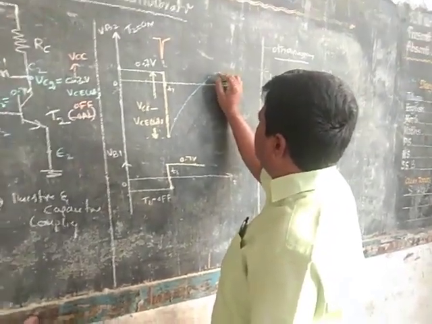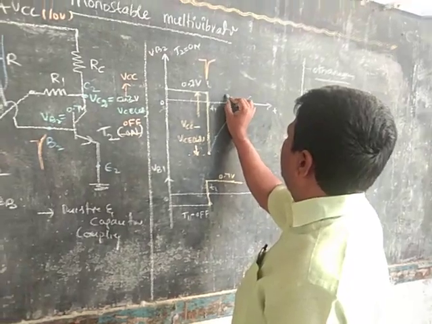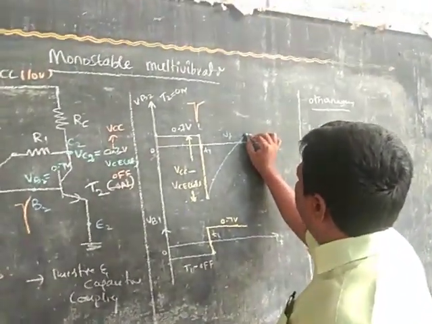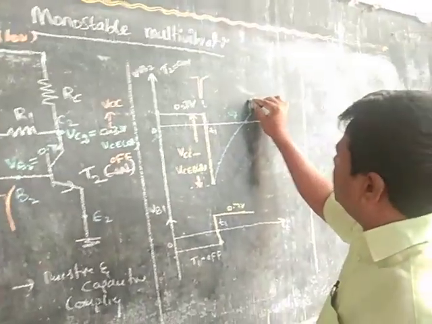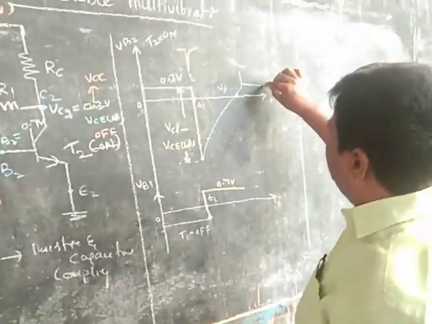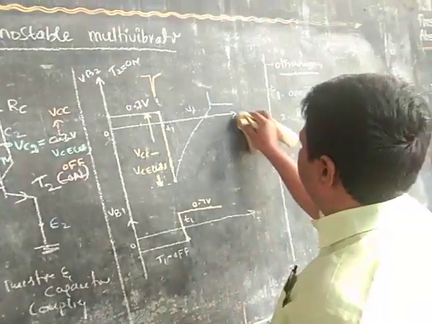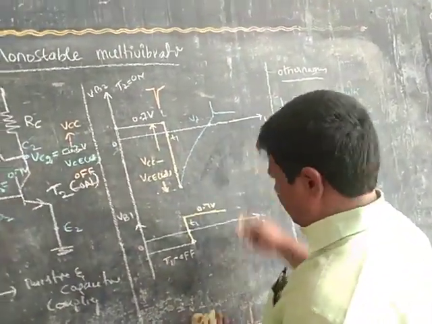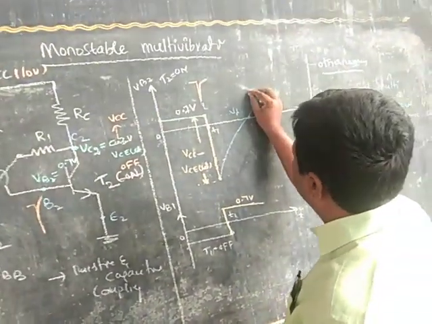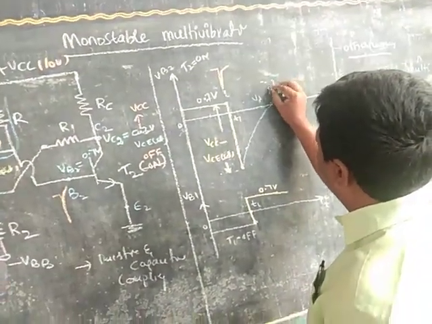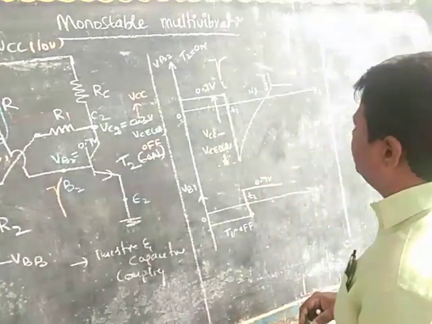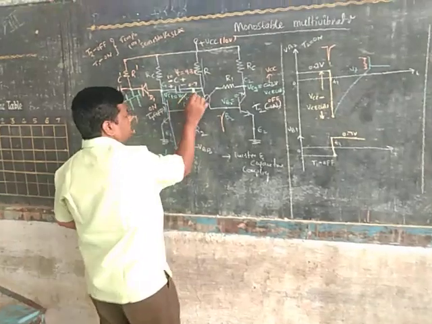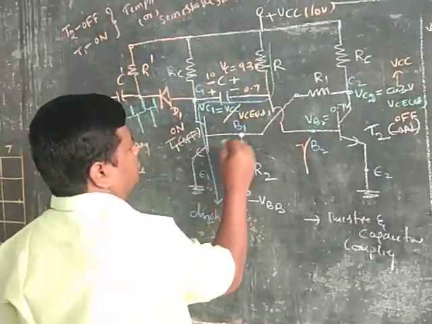Whenever it reaches some V gamma, there is some sharp spike. Now the capacitor charges with the opposite polarity.